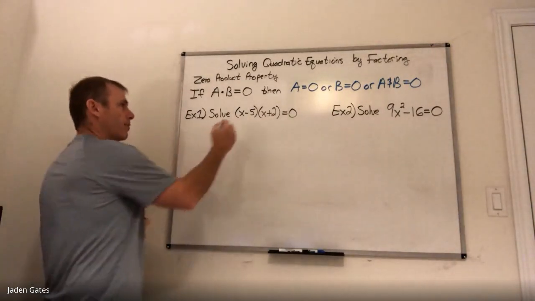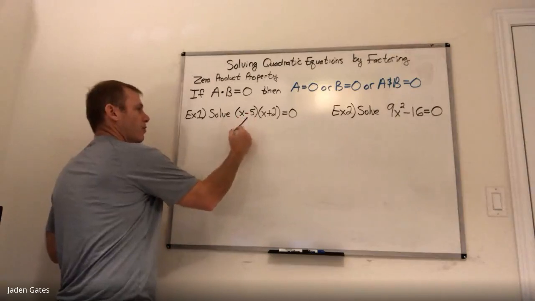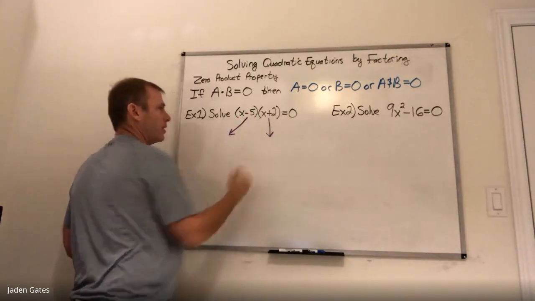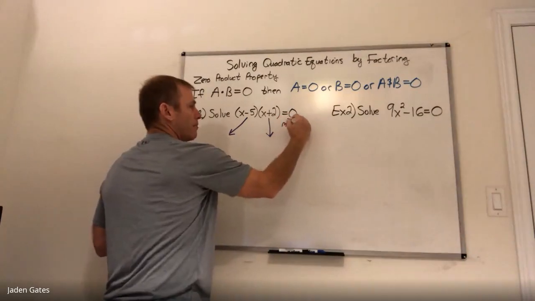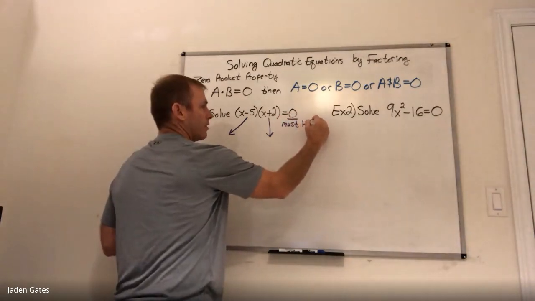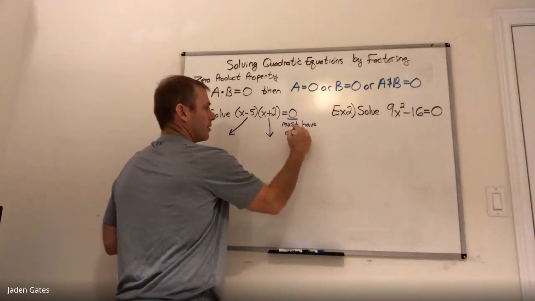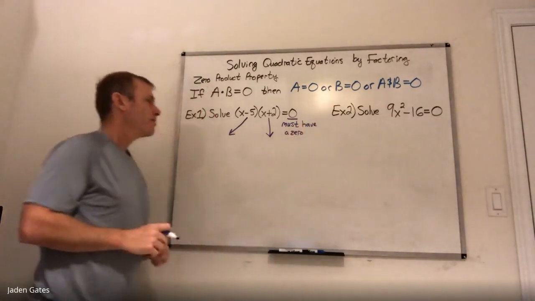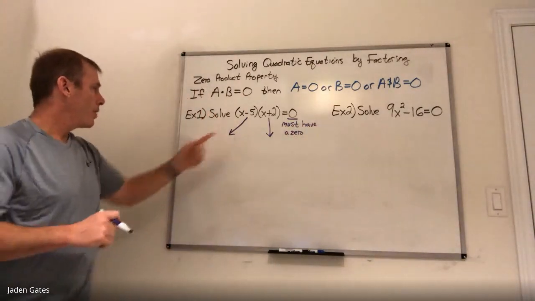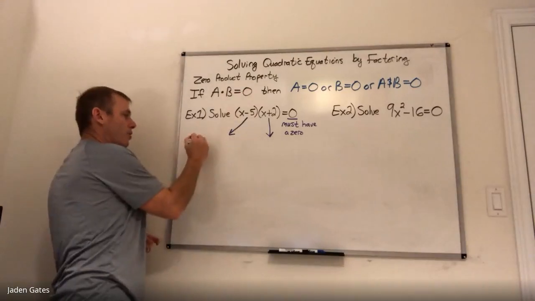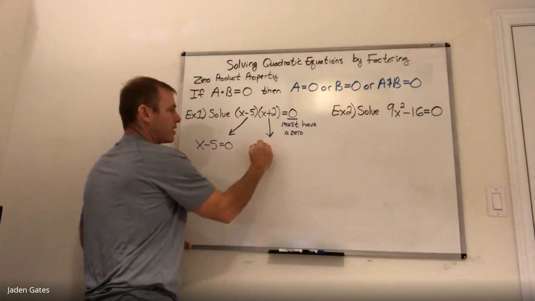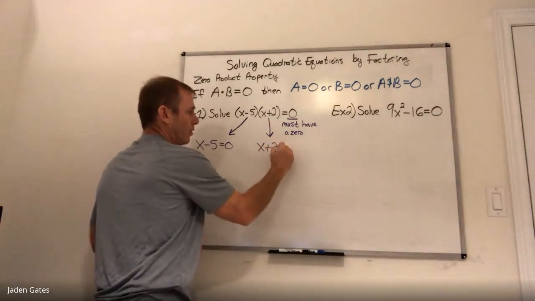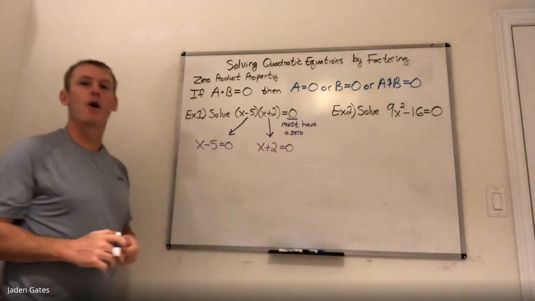Here's the next step: we take the zero product property and say, okay, if it's equal to 0, and that's key here, you must have a 0 here, which would I do? Well, maybe A is equal to 0, so x minus 5 is equal to 0. Or maybe B is equal to 0. Or maybe they're both equal to 0.